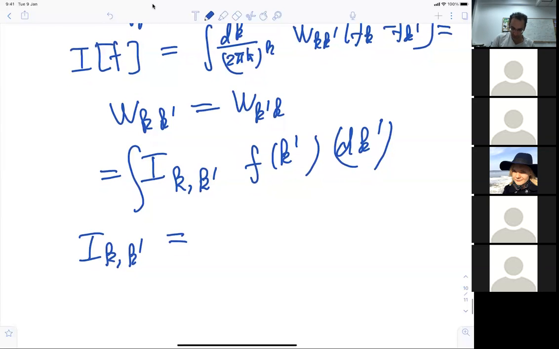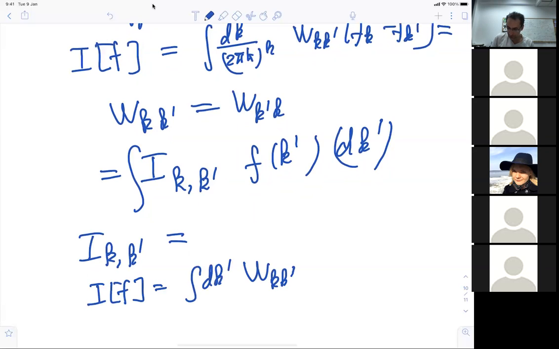Let me compare these two objects. So I acting on f is equal to the integral of dk prime W k k prime acting on f of k prime, minus f of k times the integral over dk prime W k k prime.